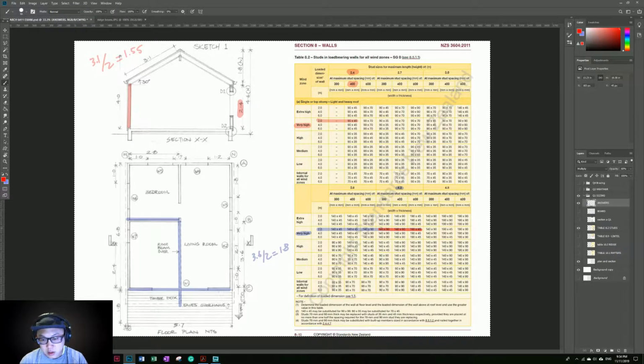You could choose 300, but it's not really a common spacing. In this case we had 400, so I'd say either of them, 140 by 90 at 400 or 190 by 45 at 600, could be used.